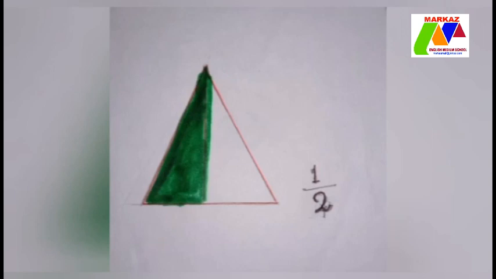Is it clear, children? Okay. Thus, the first part of this topic is over here. Your homework will be textbook page number 83. Then color the shapes in pink that are divided into 2 equal parts, and color the shapes in green that are divided into 4 equal parts.